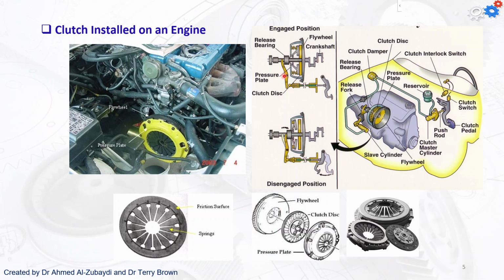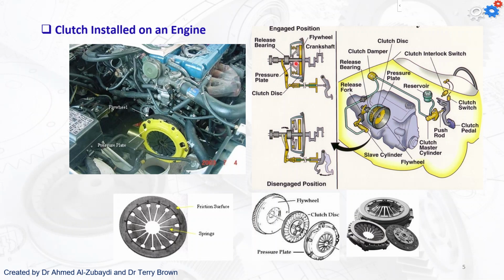So just a static image of what's happening in the clutch in a typical automotive transmission. Here you've got your foot off the clutch pedal, so it's just sitting there, and while your foot is off the clutch pedal, the clutch is engaged.